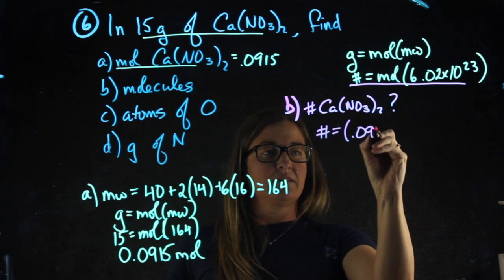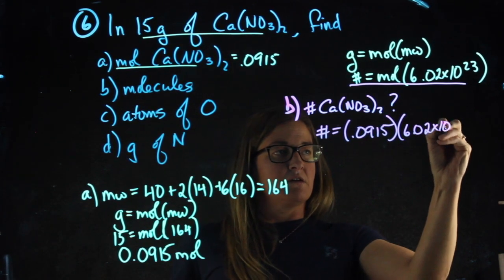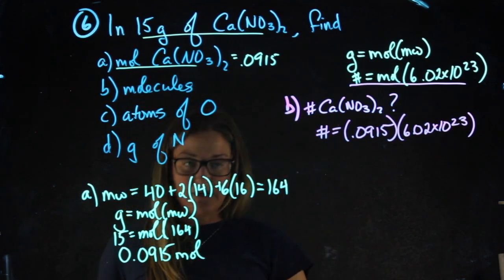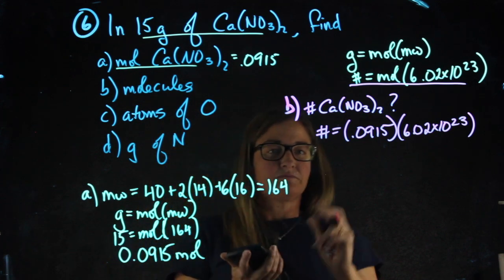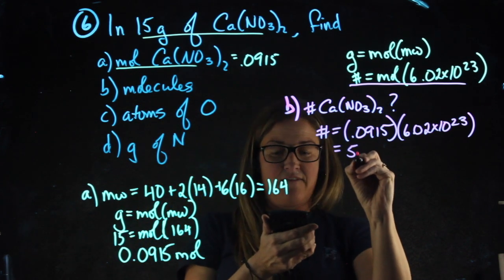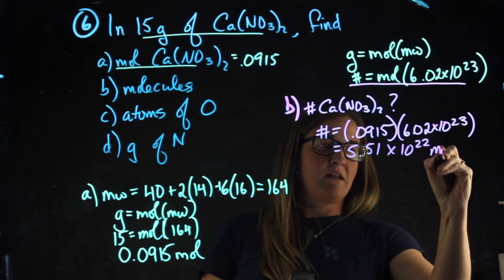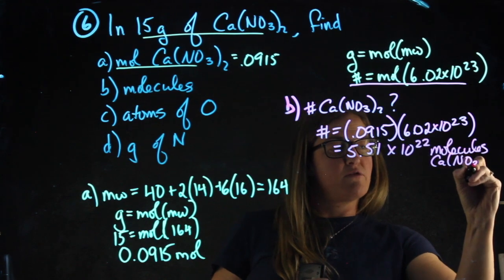I just found that in part A. So now I'm going to take my answer from A and multiply by 6.02 times 10 to the 23rd, giving me 5.51 times 10 to the 22nd molecules of CaNO3.